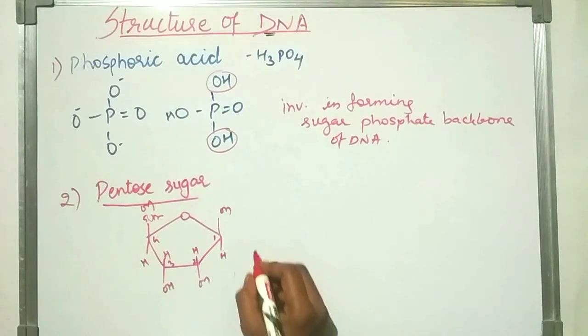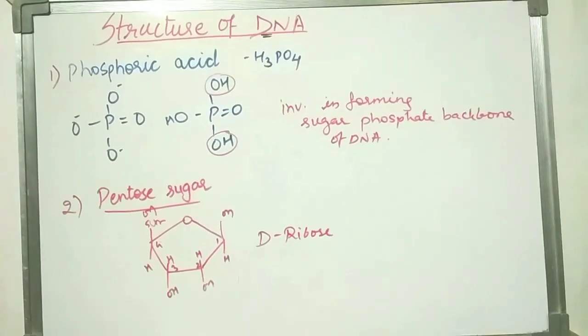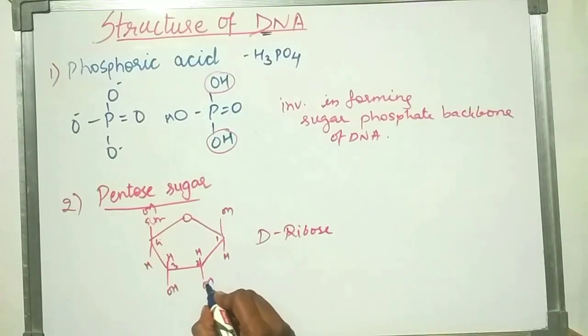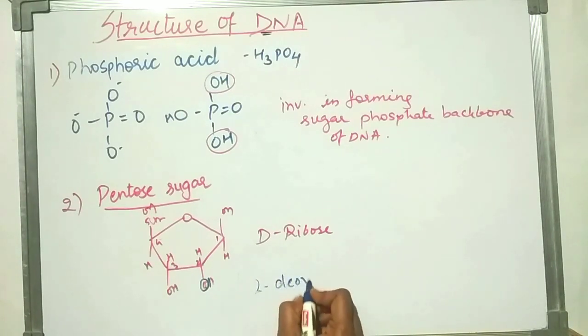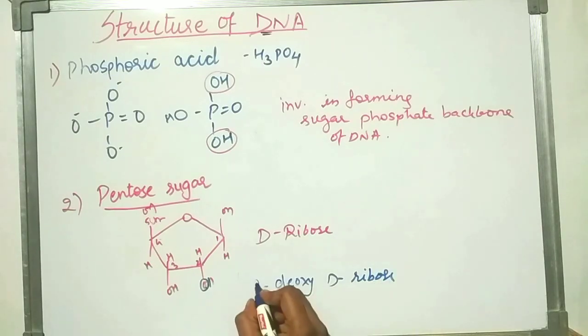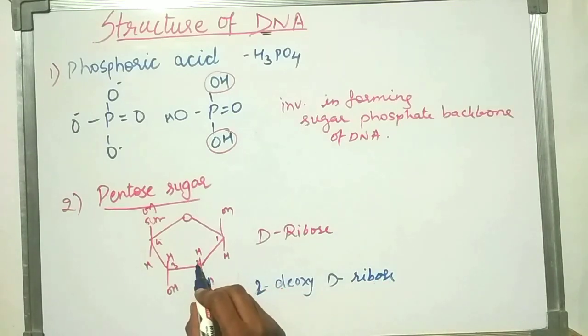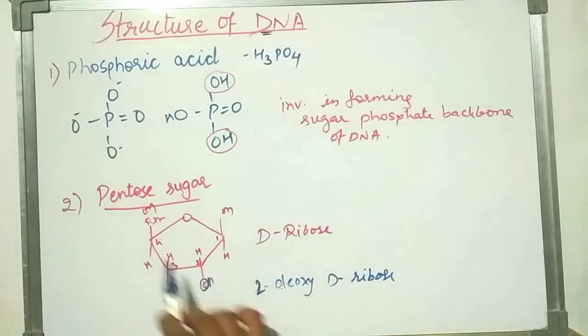This is the D-ribose structure. But in DNA, the oxygen on the second carbon atom is removed, deoxy. That's why it is called 2-deoxy D-ribose. So this is the pentose sugar present in DNA.